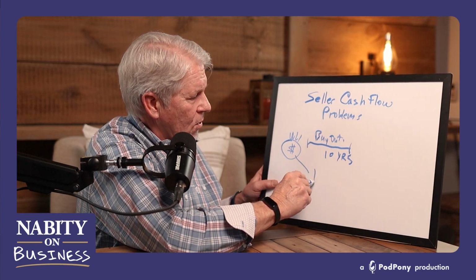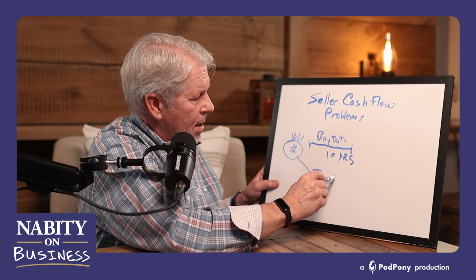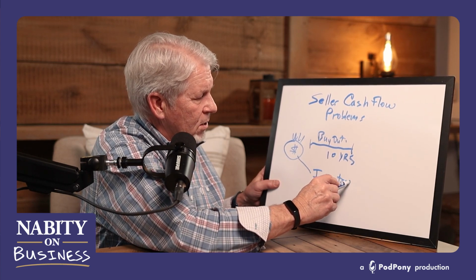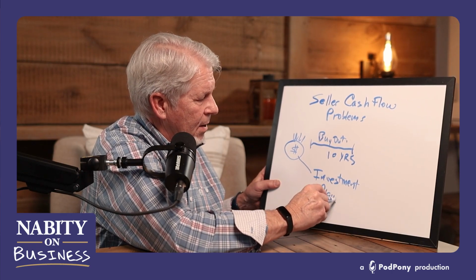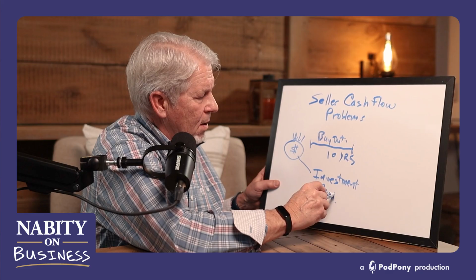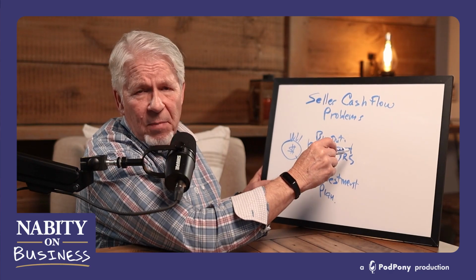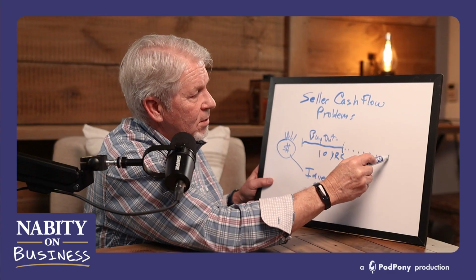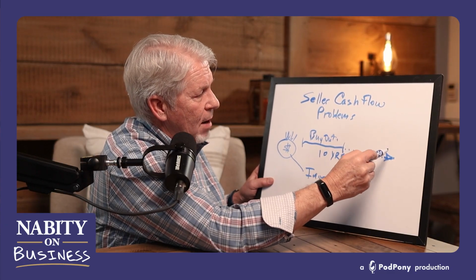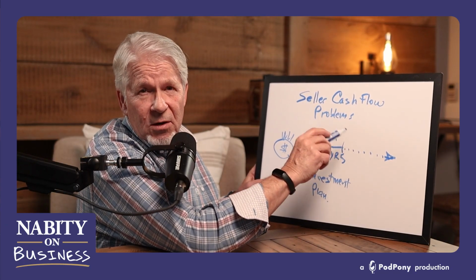What we try to do is to guide the owners that are selling to develop an investment plan so that once these buyout payments stop, the investment accounts can carry on and provide the wealth that they need to survive.